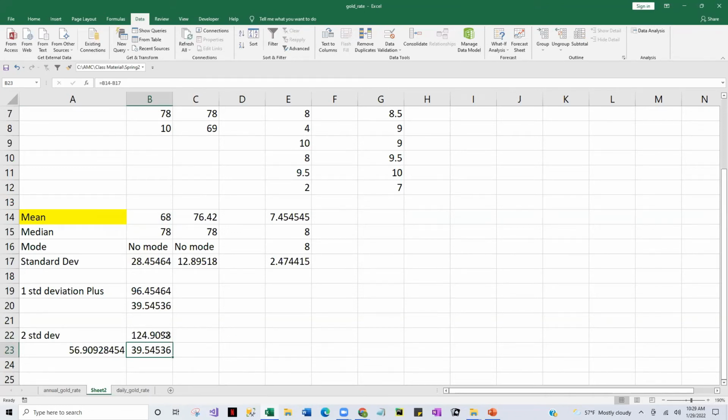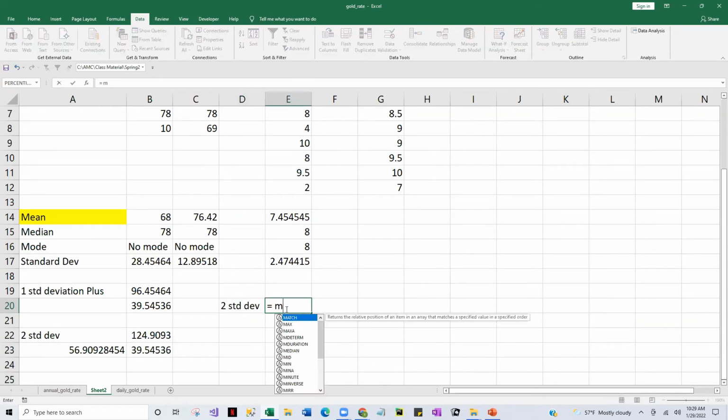But how did you get the 124 again? Oh, you want to know how we get the 124? So let me write it down. This is the second standard deviation, right? How are we going to find this?